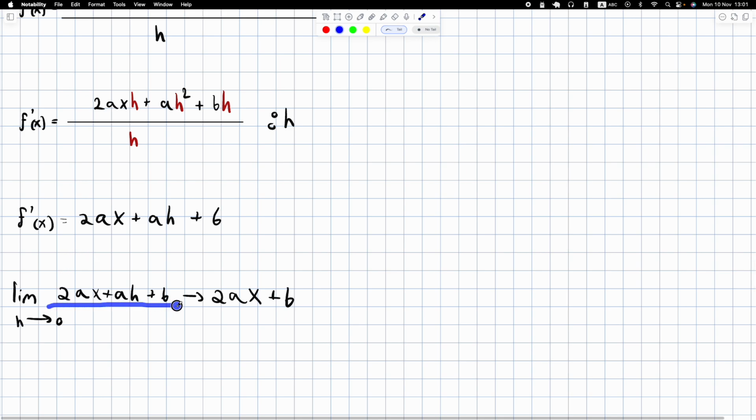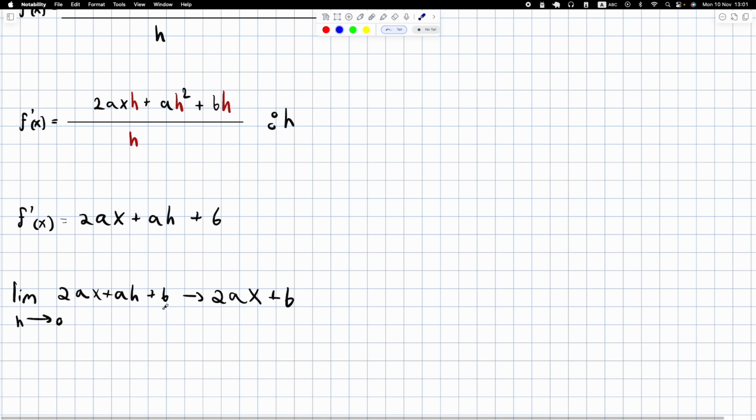Okay, so we have 2 points really close to each other. And because this h is really close to 0, all of this will be really close to 0. Because a is a constant, a times h will be close to 0.